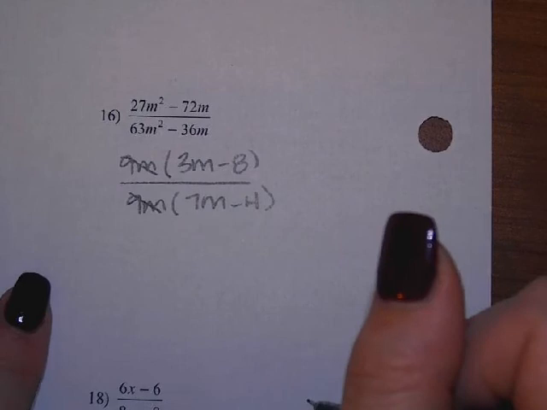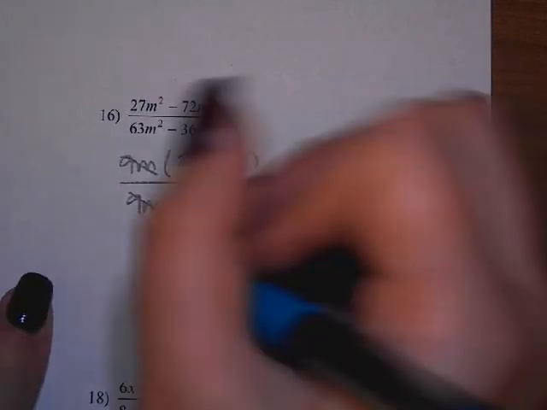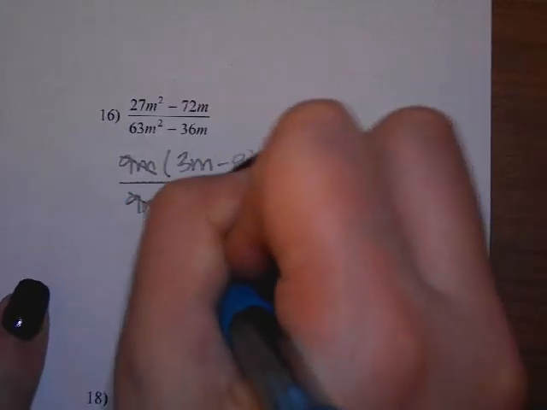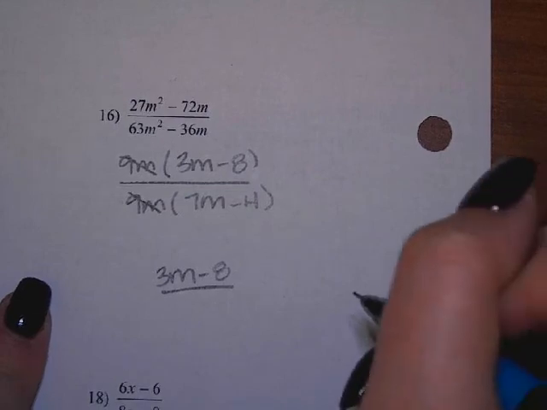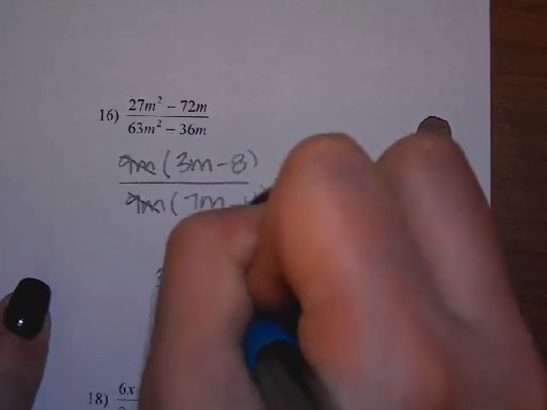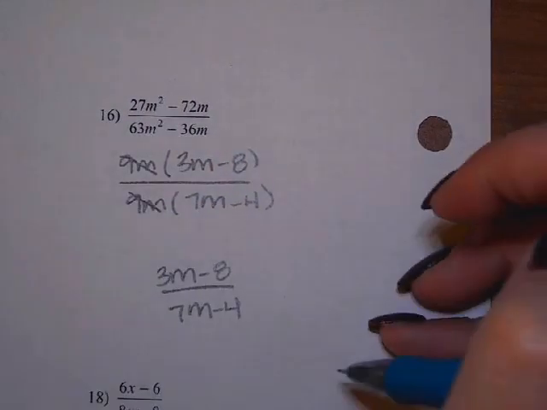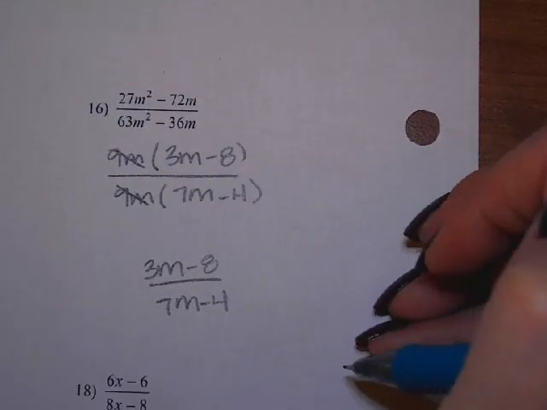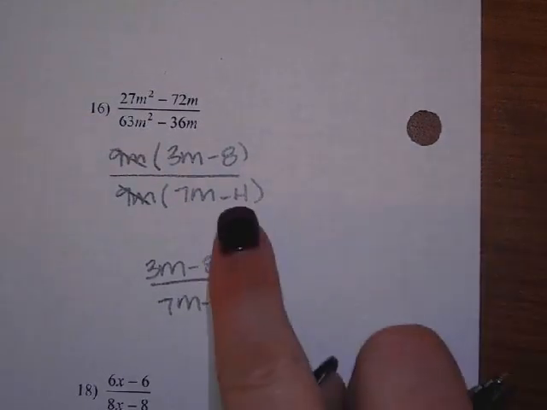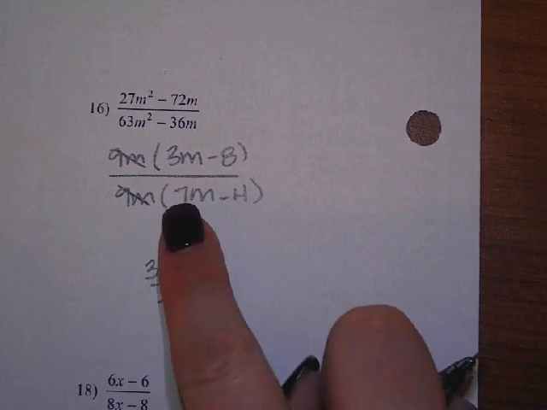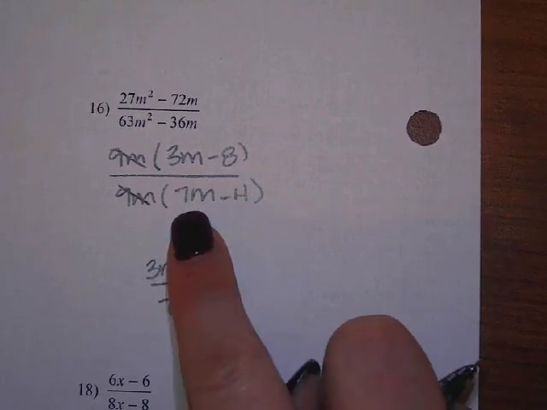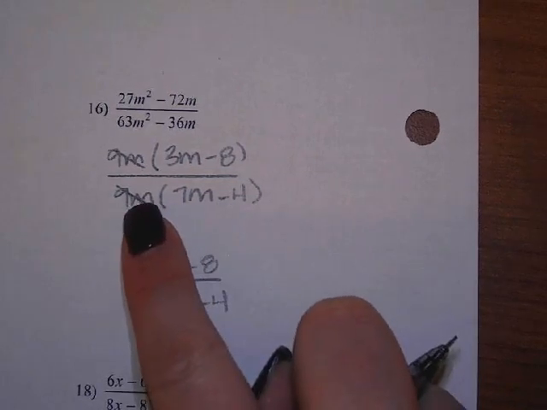And we are left with 3M minus 8 over 7M. What would the excluded values be? 4/7, you're right. 4/7 and 0.